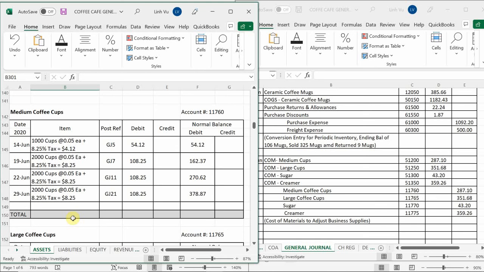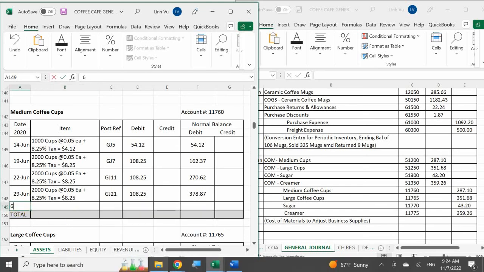So in this case, down at the bottom here, I'm going to take out the cost of 5,297 medium cups. Today's the 30th. We're going to do an adjustment, because we used 5,297 cups.